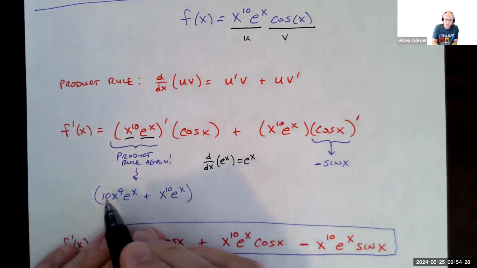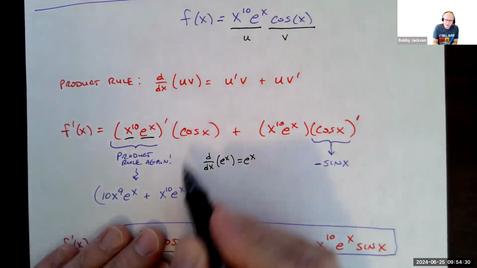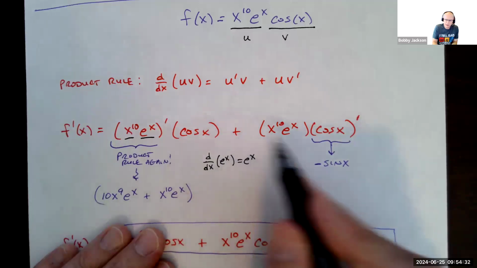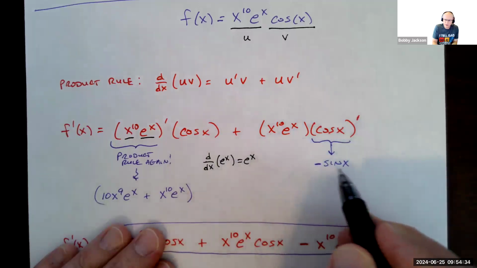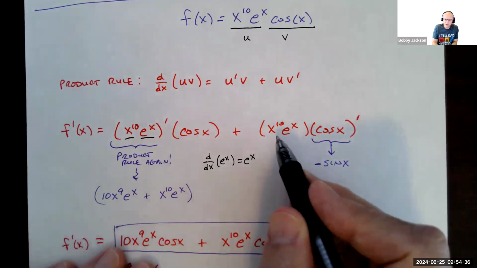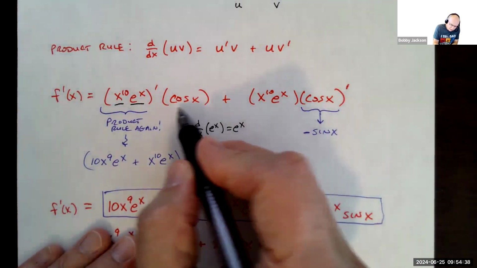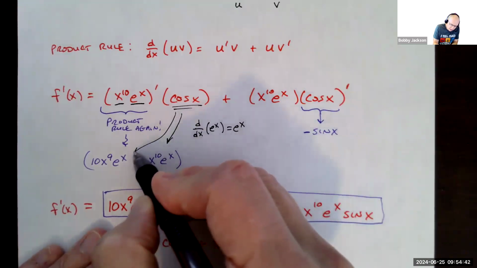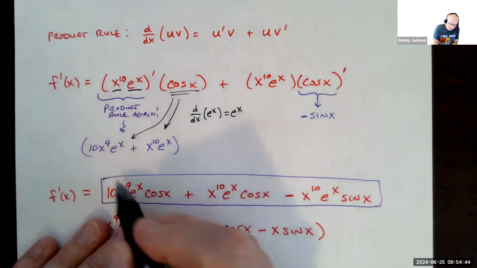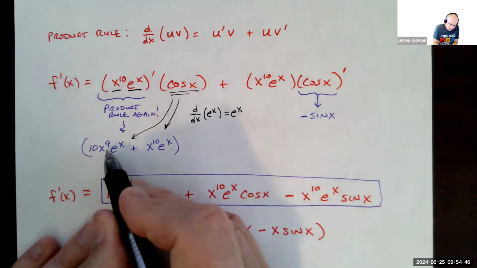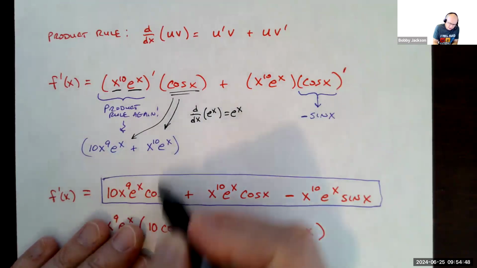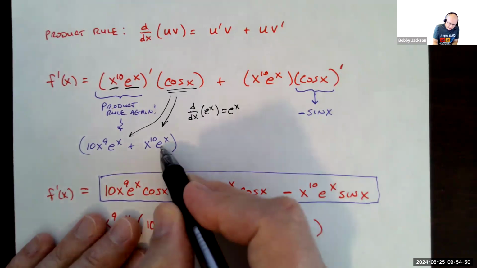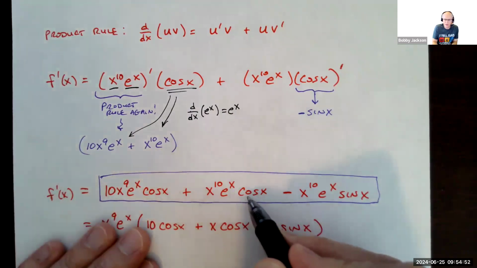Okay, so I've got my derivative is this stuff in parentheses times cosine of x plus this product of these three things. So let's just clean that up. Here I'm going to take the cosine of x and distribute it through, right? Since I'm multiplying it by this, I'm going to multiply it through this, right? So I get 10x to the 9th e to the x times cosine of x when I distribute it there, plus x to the 10th e to the x cosine of x.